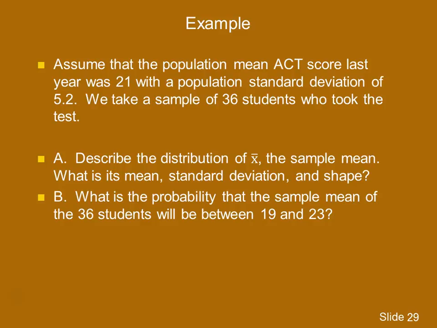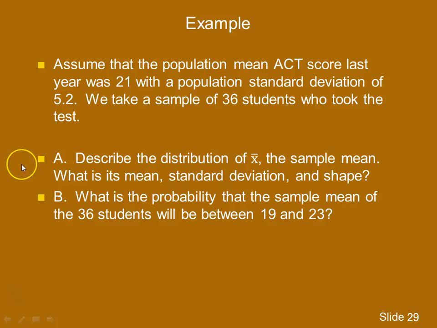Assume the population mean ACT score last year was 21 with a population standard deviation of 5.2. So I'm describing the population there for you. I'm telling you the population mean ACT is 21 and the population standard deviation is 5.2. And suppose we take a sample of 36 students who took the test. First, I'm going to ask you to just describe the distribution of x bar, the sample mean.